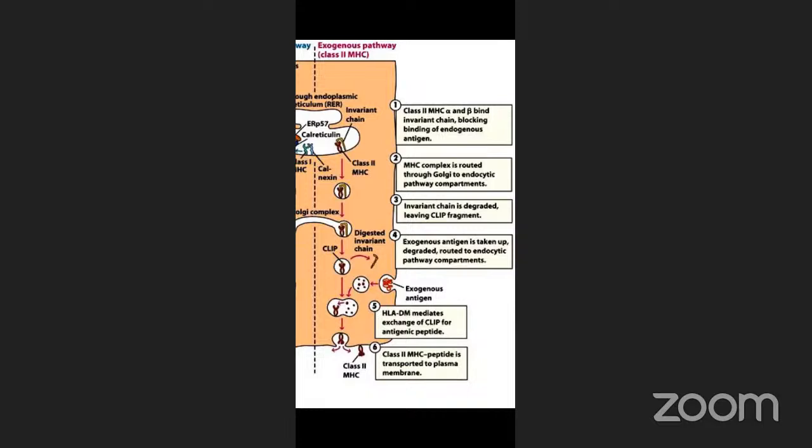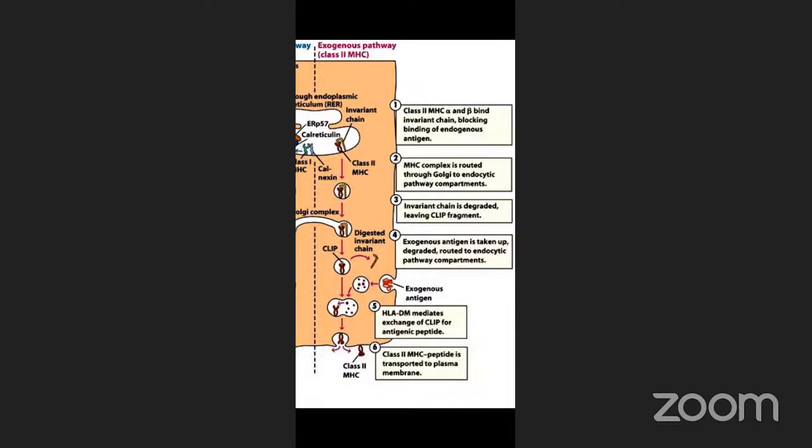Finally, this CLIP is also digested completely after interacting with the exogenous antigen. Whenever exogenous antigens come into contact with the MHC molecule, this small fragment of the invariant chain is removed from the MHC molecule, exactly where the antigen binds.